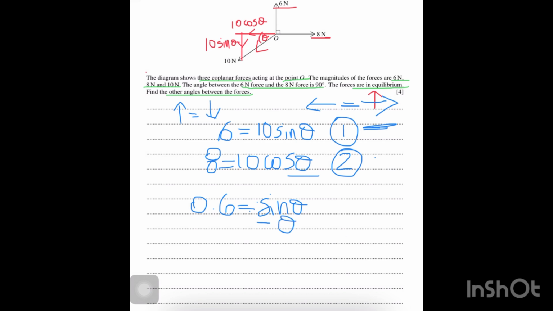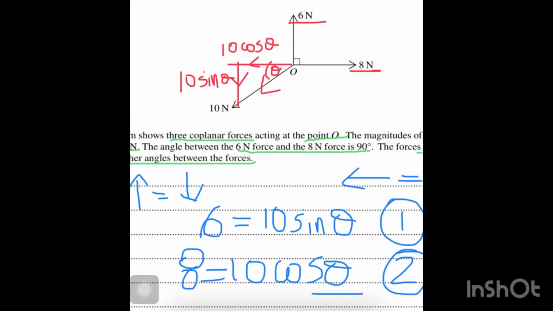That would make theta equal to sin inverse 0.6, which is equal to 36.869. So we're going to round that off to 36.9. So now we have the angle theta, which is this angle over here.